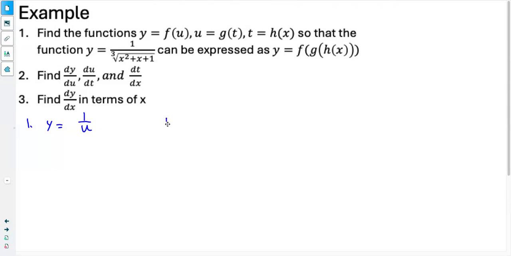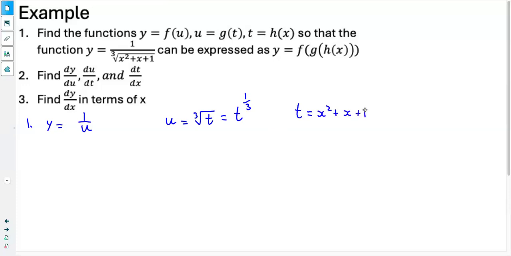So after writing in terms of u and t, I'd have u equals the cube root of t, which can also be written as t to the power of 1/3. And then I would say t is equal to what's inside that root, so x squared plus x plus 1.